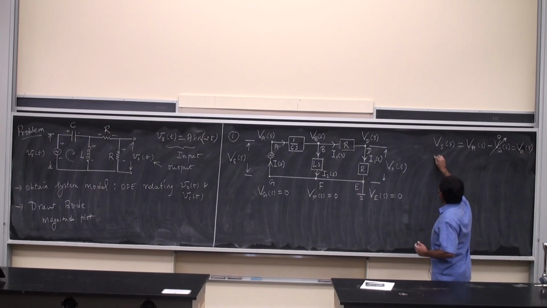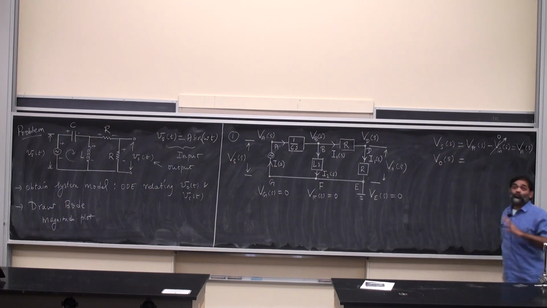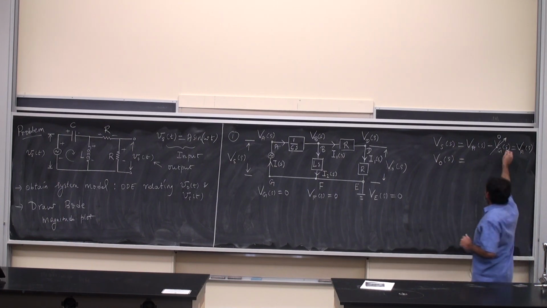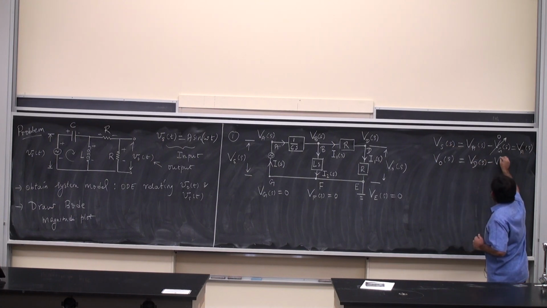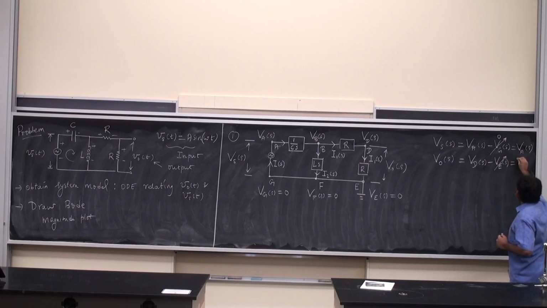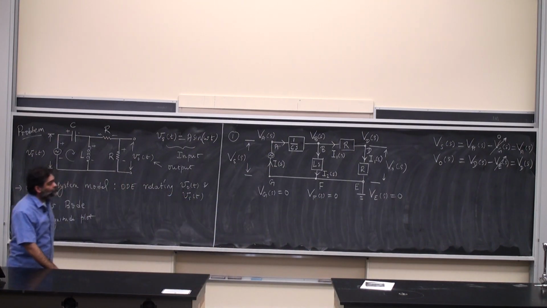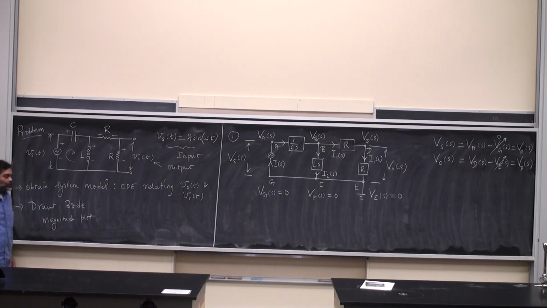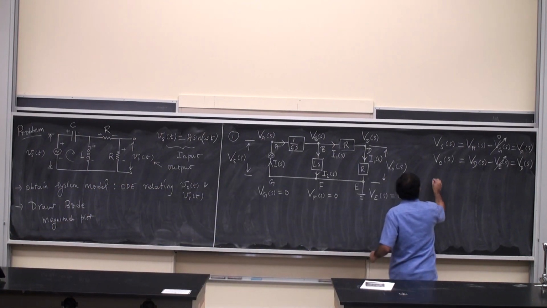And then V0 of S, which is the output voltage across the resistor, is Vd minus Ve, which is just Vd of S. Kirchhoff's current law at node B: I of S is I1 plus I2.